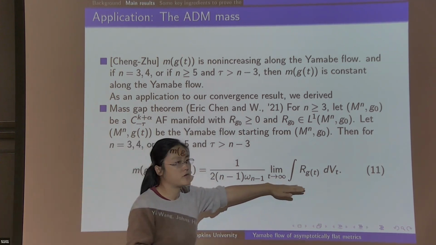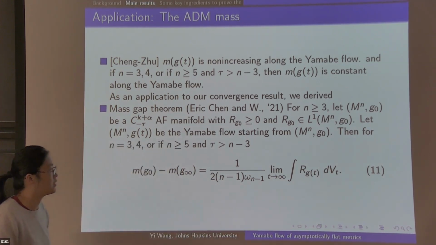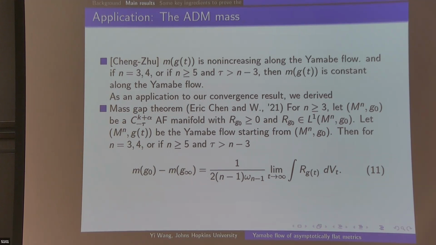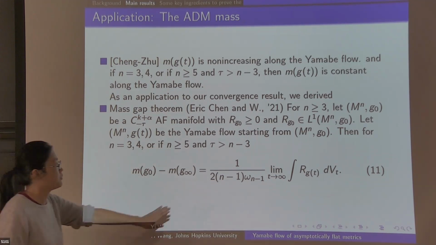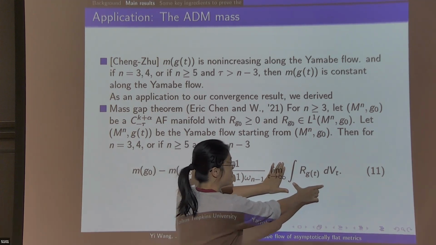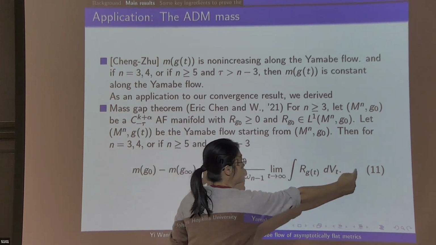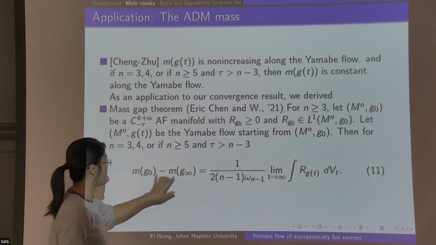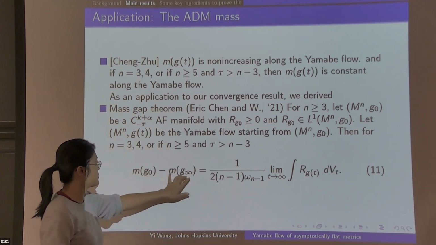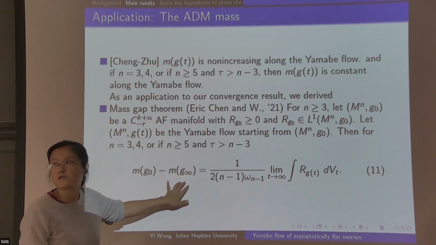And it's given by this formula, the limit of the integration of the scalar curvature along this flow. So the right-hand side is always a positive number. Before taking limit, this is always positive, so this is bigger or equal than 0. So you would have m of g0 is bigger or equal than m of g infinity.